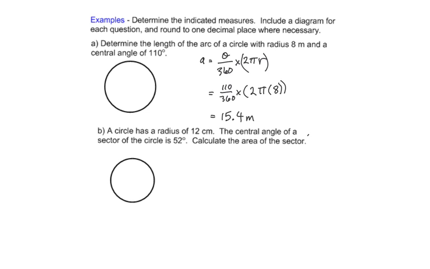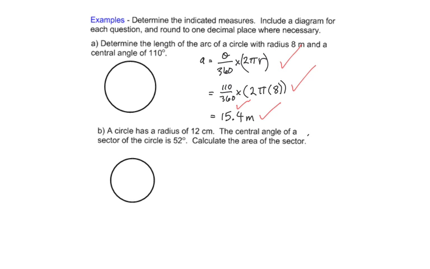You will get all your marks in these spots for these questions: 1 for the equation, 1 for the substitution, 1 for the appropriate number, and 1 for the appropriate measurement. And that's it.